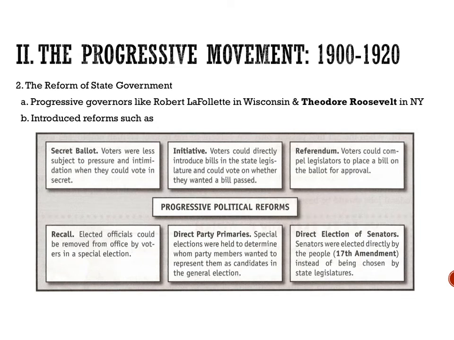But let's talk about initiative. I want you to think of petition. Okay, voters could directly introduce bills by getting a petition. So if we gathered 100,000 petitions, that means that we could introduce this bill to be voted on. So if I get 100,000 people to say, hey, we should end school on Fridays, boom, we present that.